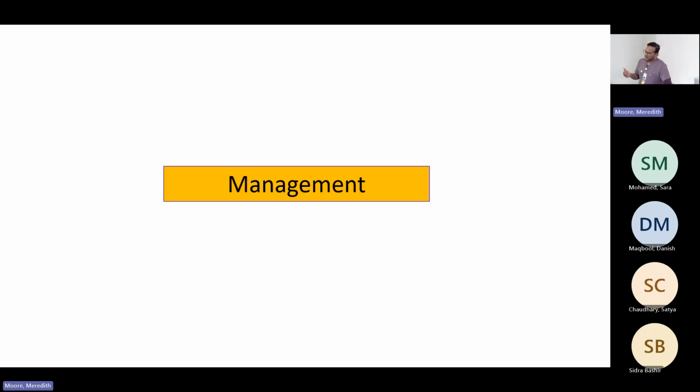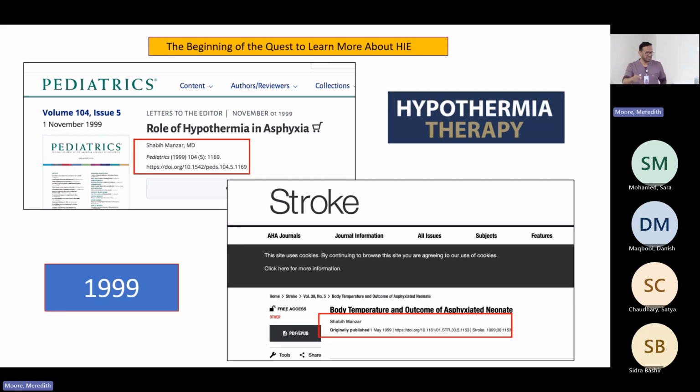So the management, thanks to Ariana, she wanted me to spend some more time on management. My earlier slides don't have much, but this time I have included a few things. So this is my journey, which I said I'll share with you. See the year, 1999, just after post fellowship, I was so excited. My first paper got accepted and published in Pediatrics. And the story is very funny because I did that and I had a break in my fellowship.